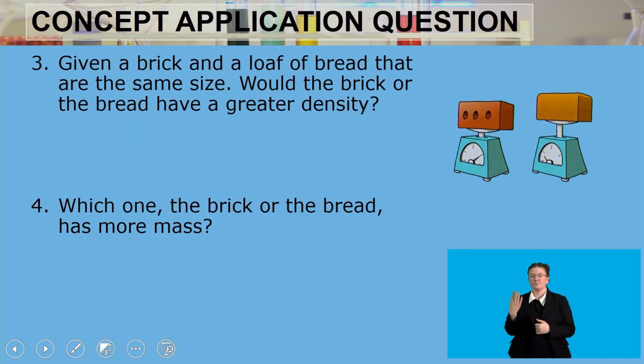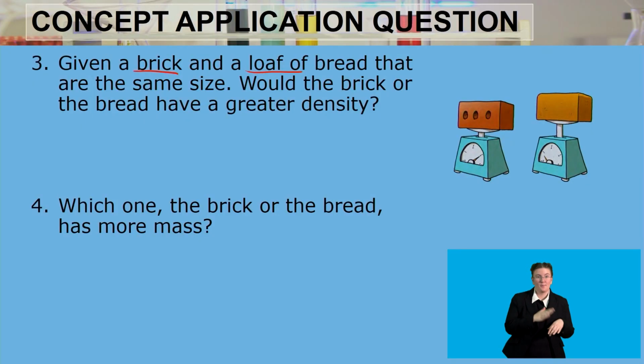Now, question 3 is asking us, we are given a brick and a loaf of bread that are the same size. Would the brick or the bread have a greater density? When we are looking at the bread and the brick, we know that the brick is much heavier than the loaf of bread. So we have only that to go by, that the brick is heavier than the bread.